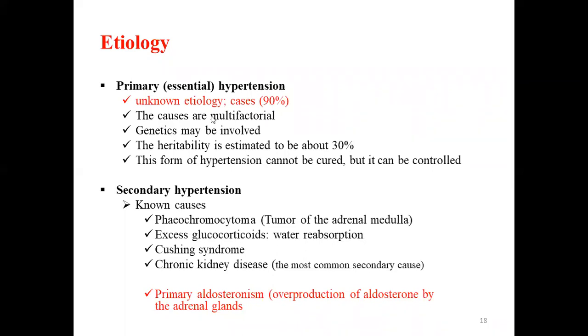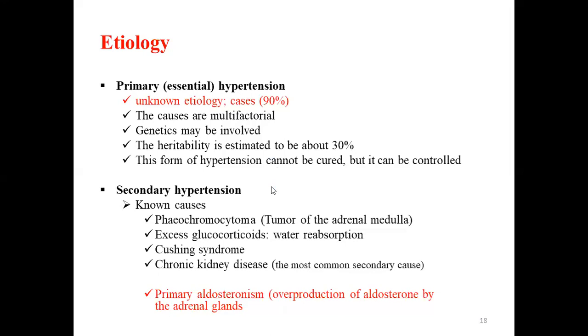This form of hypertension cannot be cured, but it can be controlled. Most cases of essential hypertension are very unlikely to be cured, but secondary hypertension can be cured, mostly if the underlying causes are treated. But primary essential hypertension cannot be cured, but it can be controlled.